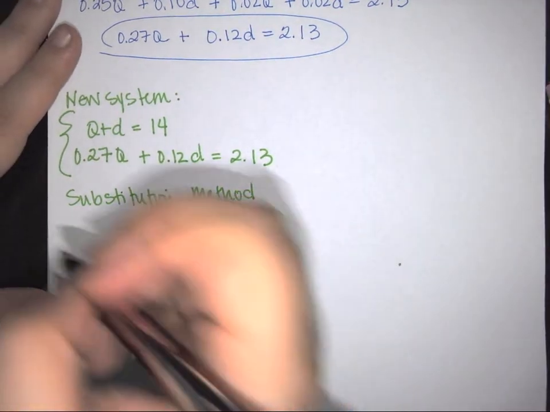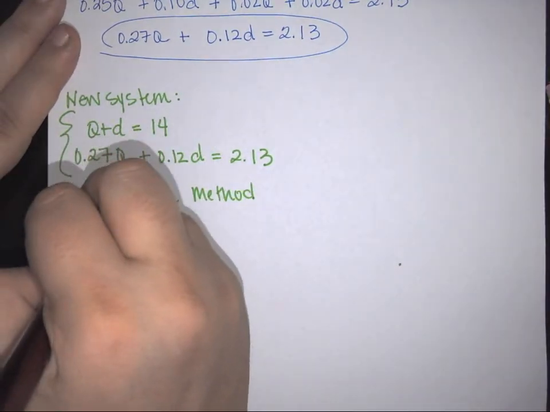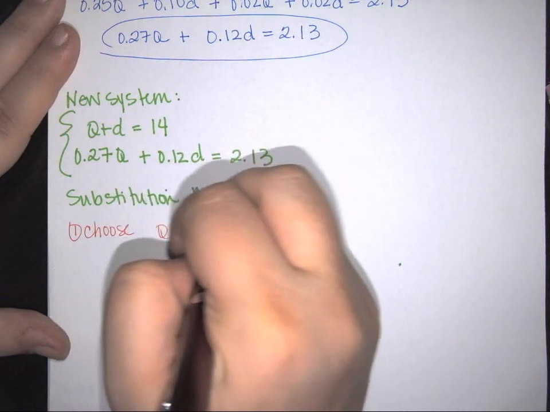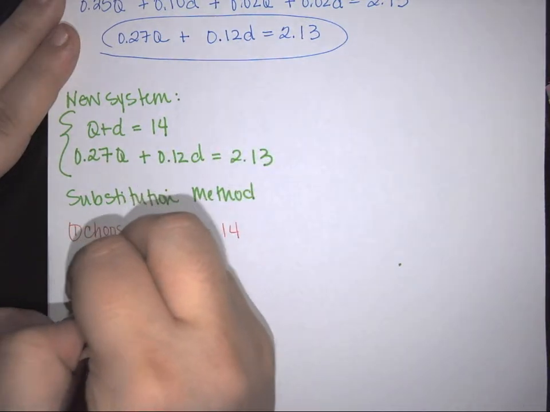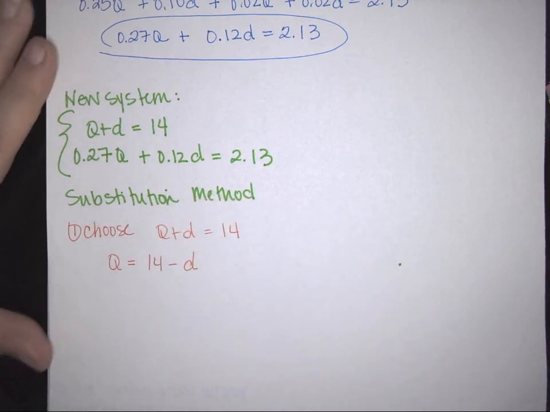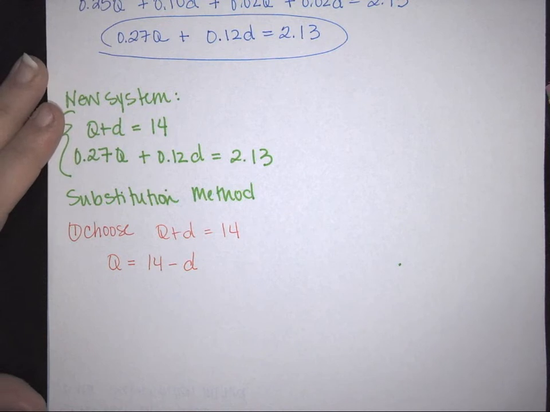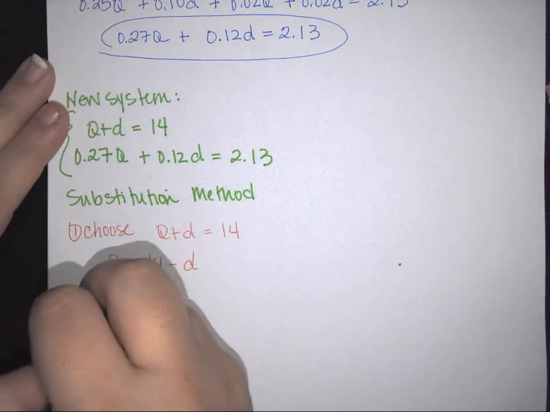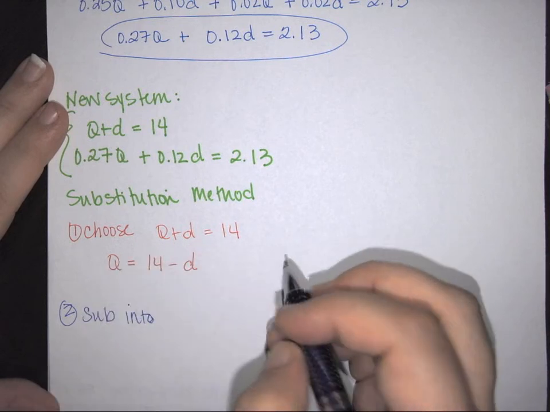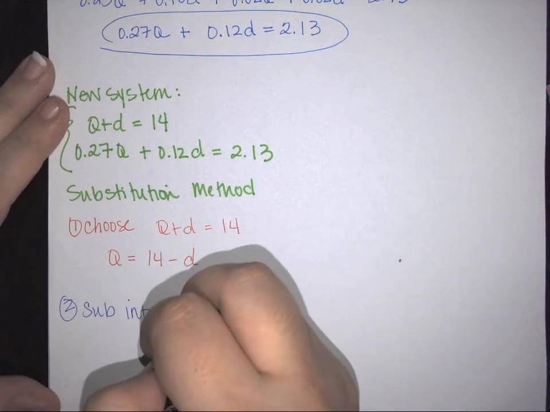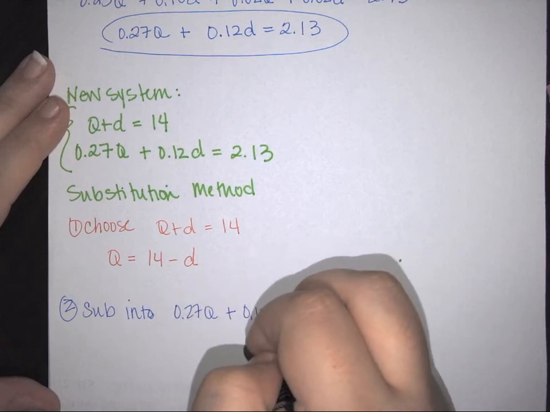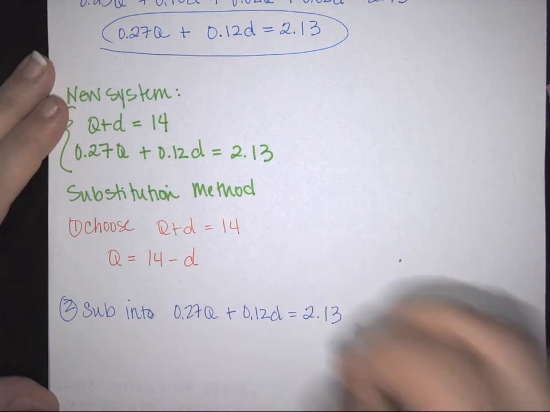First thing I'm going to do is I am going to choose my equation, q plus d equals 14, and I'm going to solve it so that q is 14 minus d. The second thing I'm going to do is I am going to substitute into the equation I didn't use, so the 0.27q plus 0.12d equals 213.